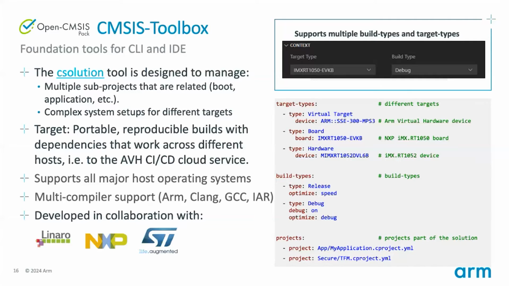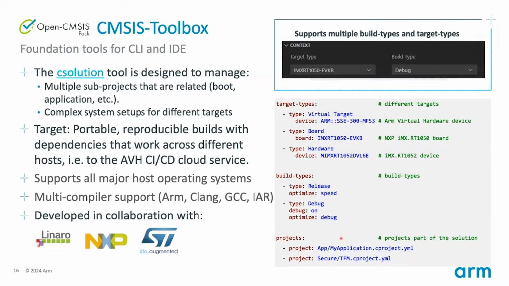Then you have another context, which is the unit and integration test on a real board with hardware I/Os, or another context where you do the system tests, where the software is combined with other software components that compose the final application. So overall, the CMSIS toolbox ensures reproducible builds throughout the whole product lifecycle management.